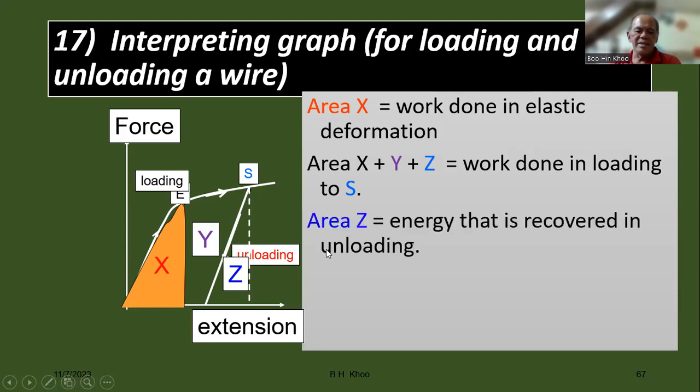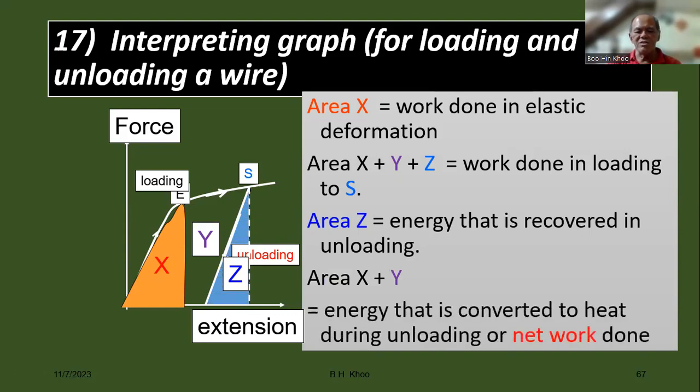Z is the energy that is recovered in unloading. That's the energy that we receive back. XY is energy that is lost, energy that is converted to heat, or we call it net work done.